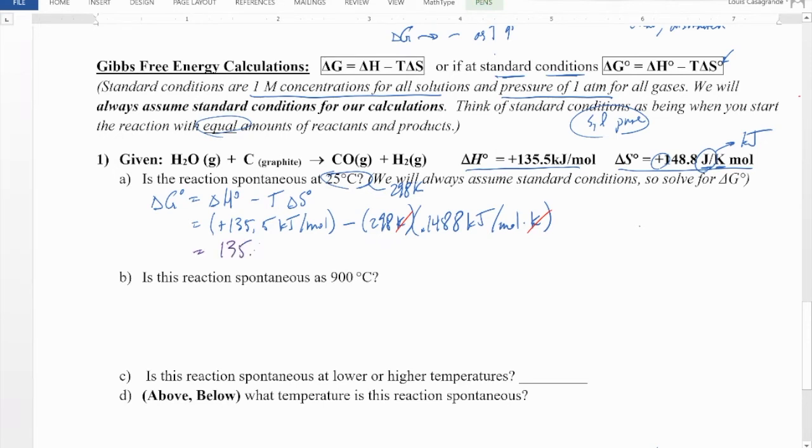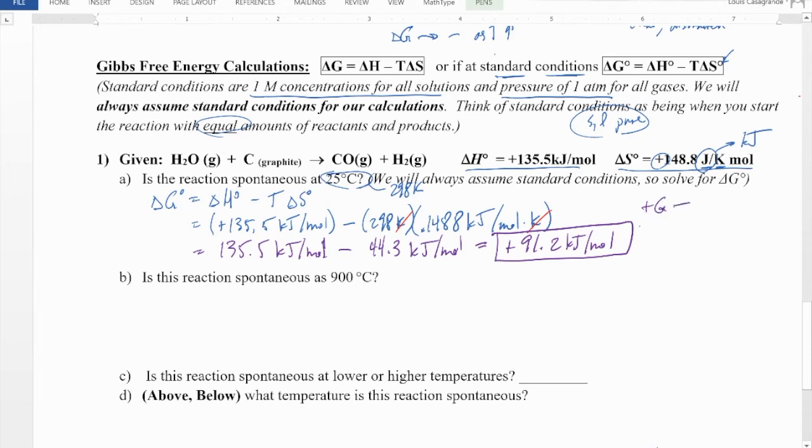We have 135.5 kilojoules per mole. If you calculate the second term, it turns out to be 44.3 kilojoules per mole, which gives positive 91.2 kilojoules per mole for the delta G. And because that's positive, a positive delta G means this is not spontaneous.